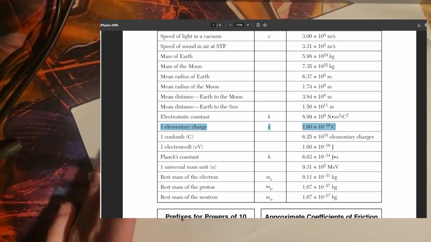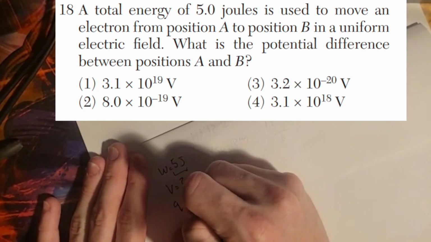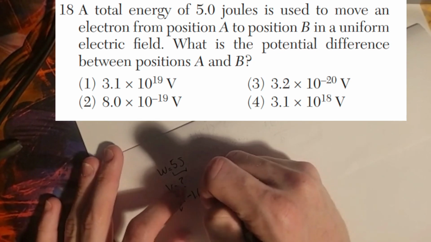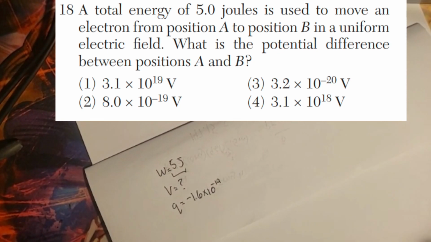So Q, in other words our charge in this question, is going to be technically negative 1.6 times 10 to the negative... Oh, did I say negative 11? I meant negative 19. Negative 19 coulombs, as per the front page of your reference table.